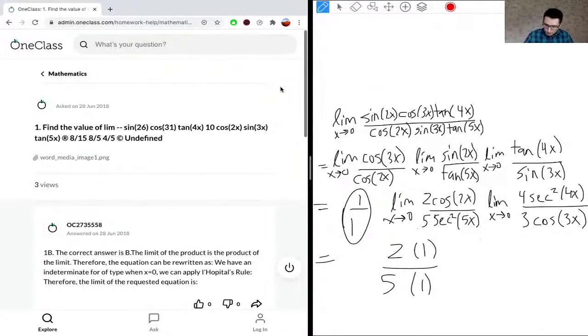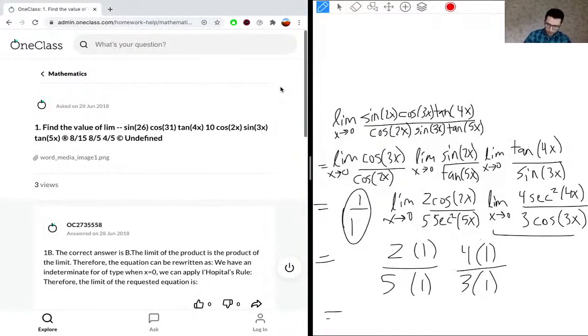And then this limit will give us 4 times secant squared 0, which will be equal to 1, because we know secant is just the reciprocal of cos, and they both give us a 1 when we evaluate at x equals 0. And then finally we get 3, and then cos 0 is just 1.